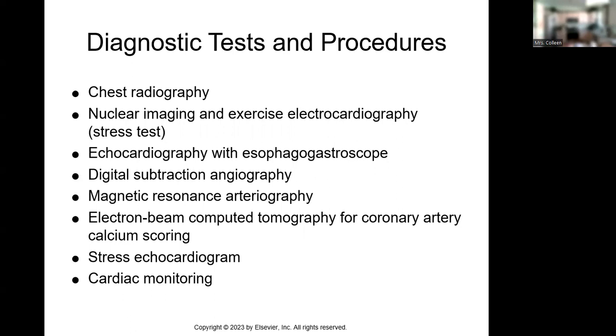They can have an echocardiography done with a scope that goes down through the mouth, through the esophagus, where they can actually get a reading of the heart. They can have angiography, an MRI, arteriography. They can do electron beam computed tomography for coronary artery calcium scoring, a stress echocardiogram, and cardiac monitoring.